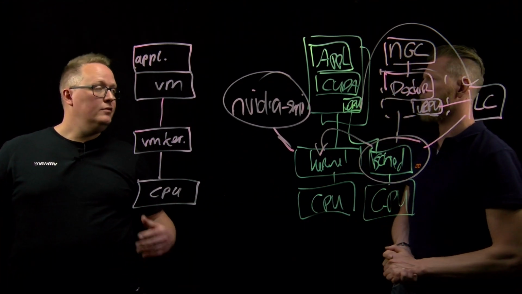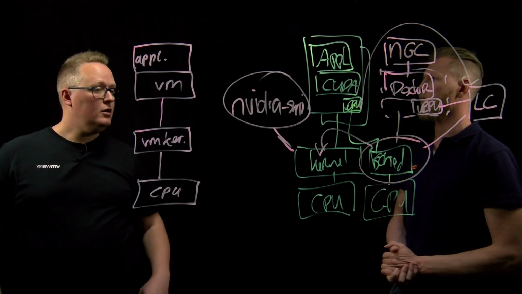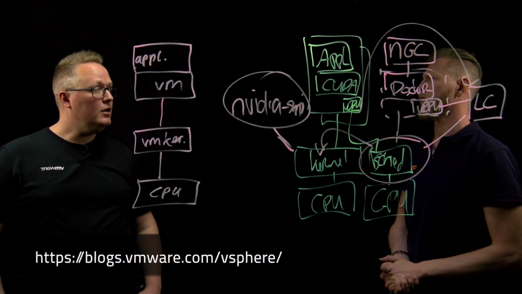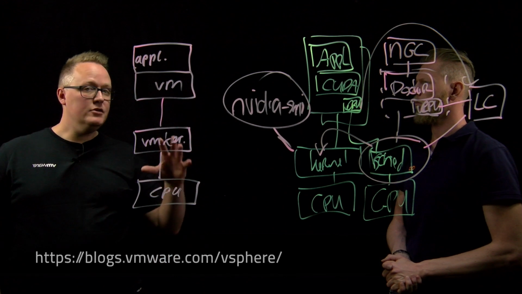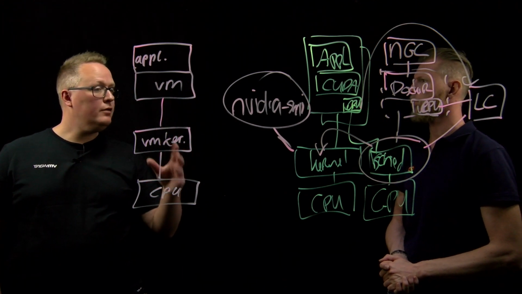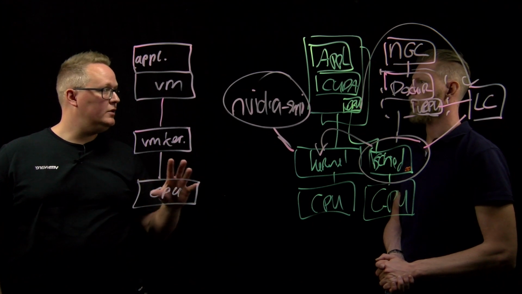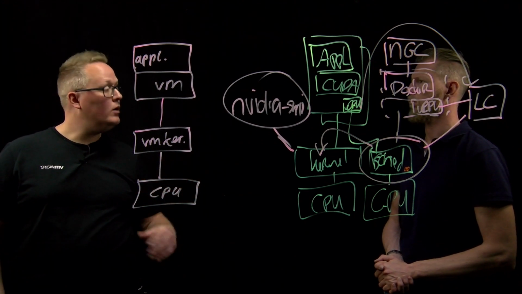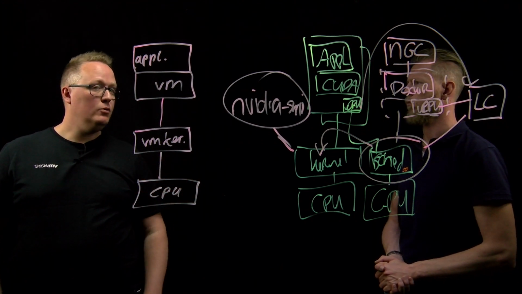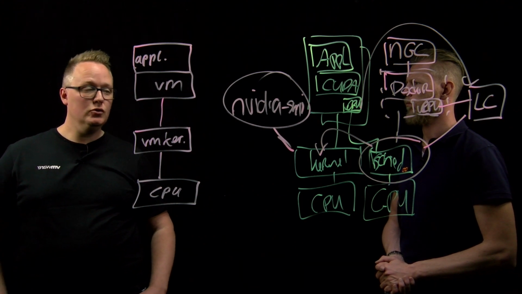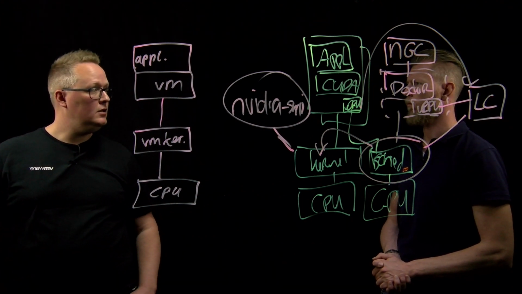Okay, so we have the VMware vSphere blogs, and we actually have a blog series on GPU architecture. We have a lot of information on machine learning, artificial intelligence, and what different solutions we have for that and what we support.